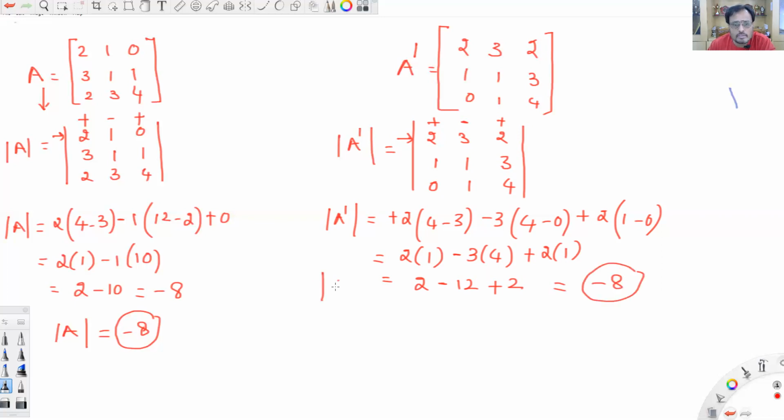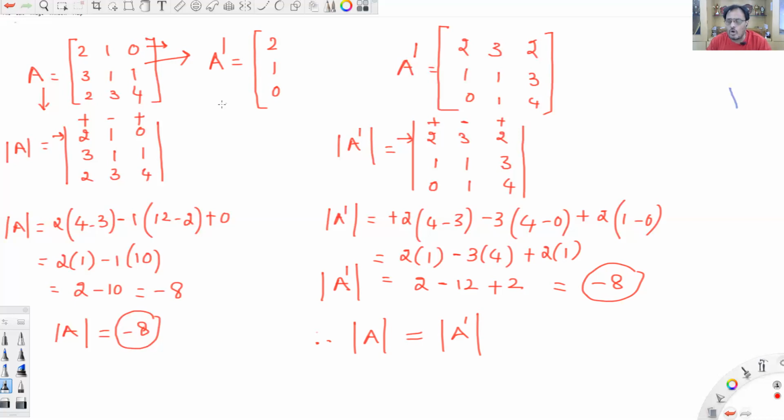So from this what you observe is that the determinant of A and the determinant of its transpose are always the same. To find A dash, in A you take a row and make it a column, 2 1 0, or you take a column and make it a row.